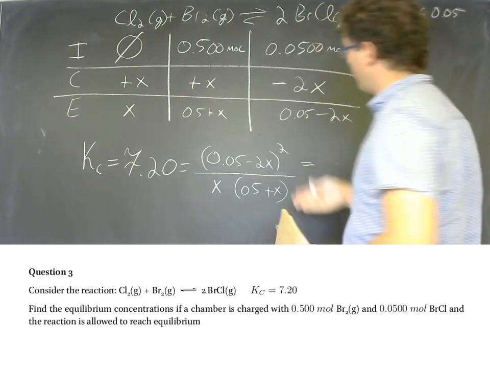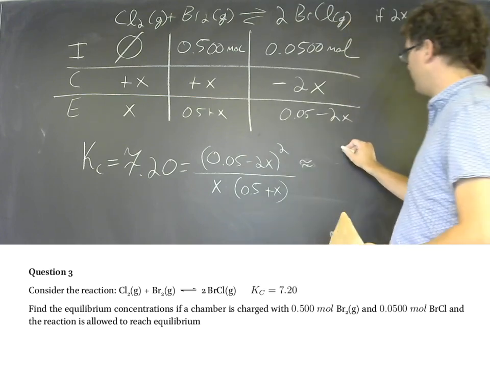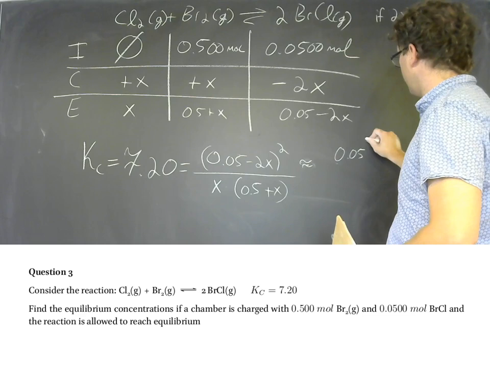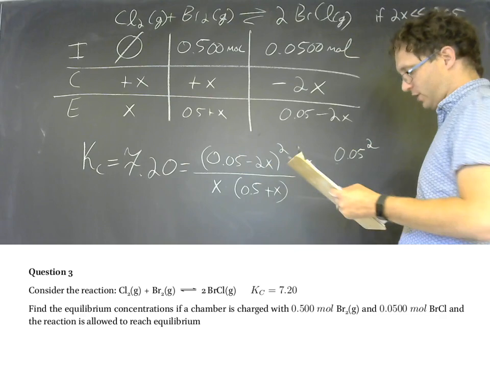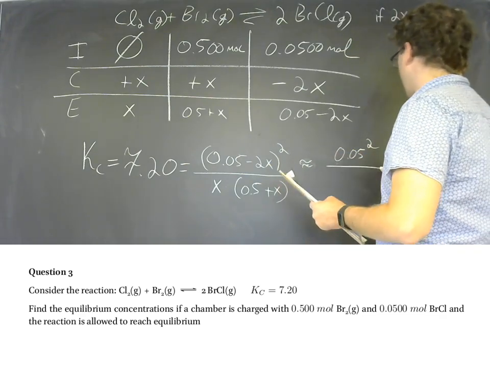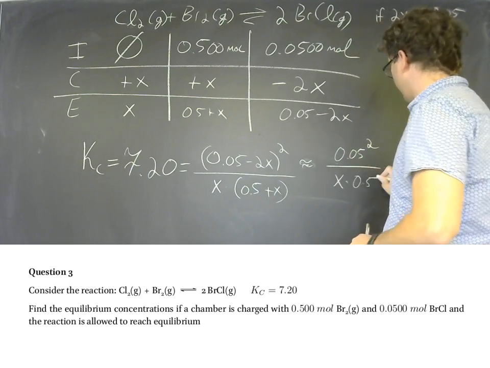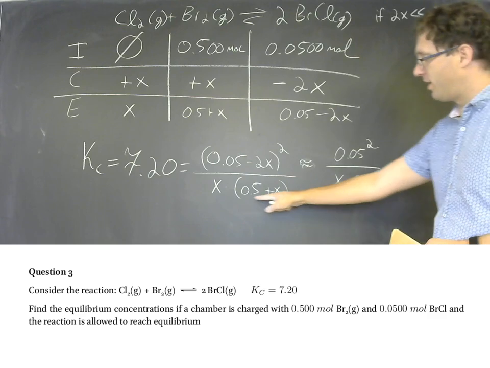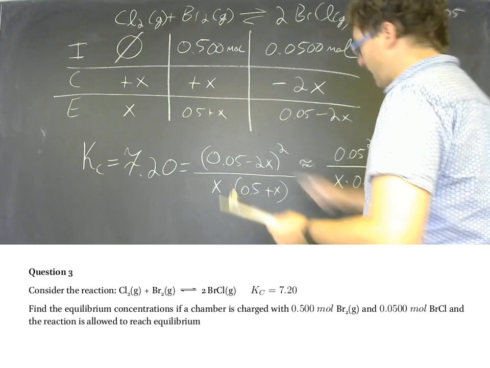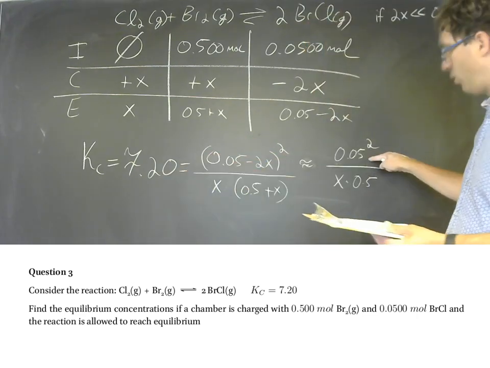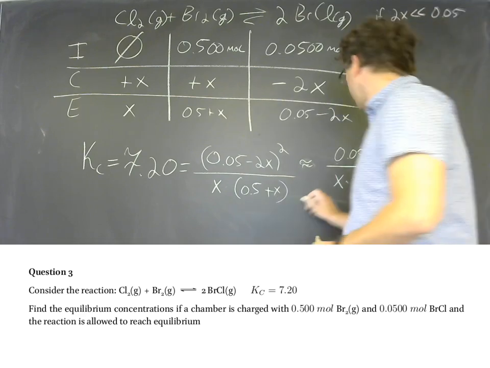And so with our assumptions, this is approximately 0.05 squared, because that x is small enough that we don't see a lot of change here. And we'll divide that by x times 0.5, because that x is small enough that it doesn't change the value here very much. And so we're left with 7.2 is equal to 0.05 squared over x times 0.5. And that's pretty straightforward to solve.